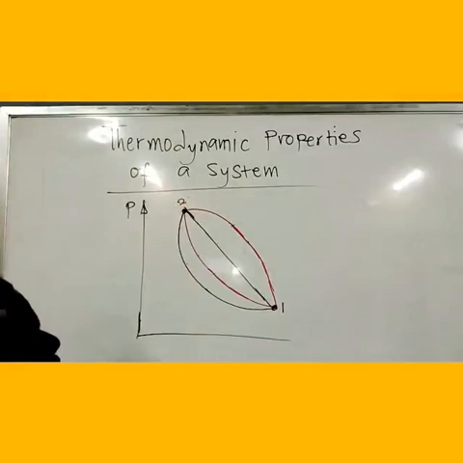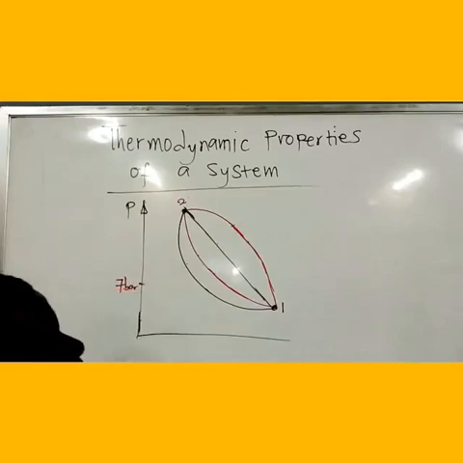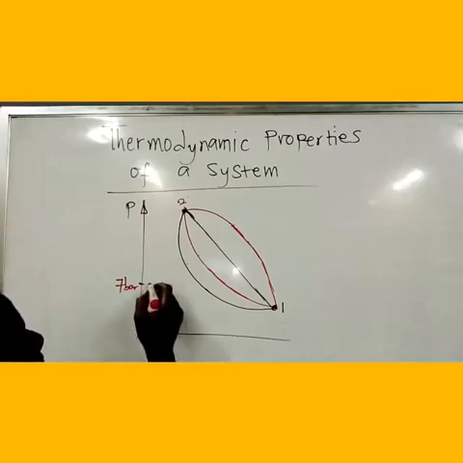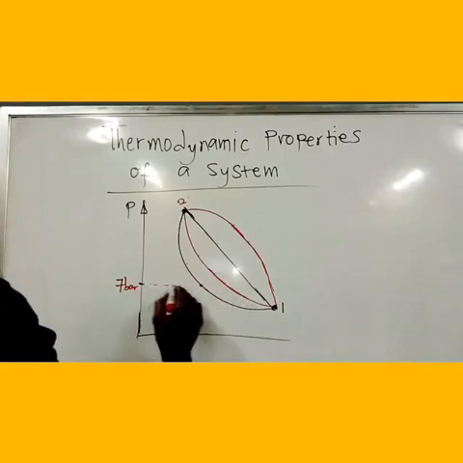Now, if we have a pressure of 7 bar at this level, 7 bar or 700,000 Pascal at this point, 7 bar at this point.